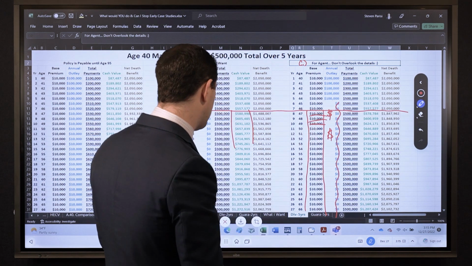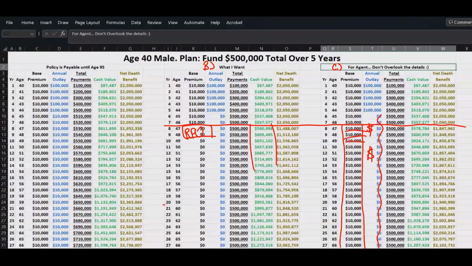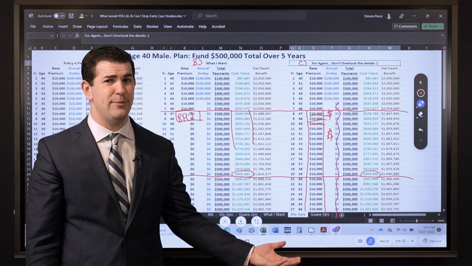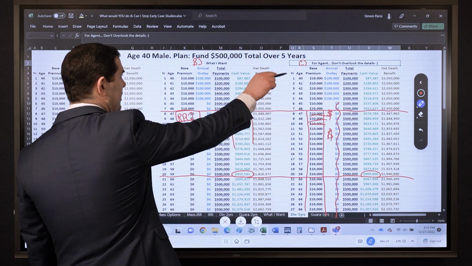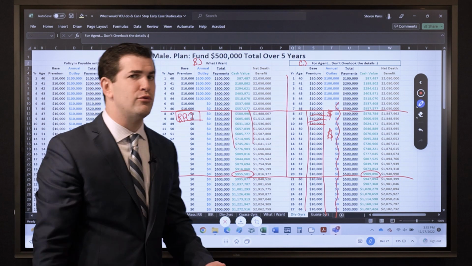Well, what happens to your client? By year 20, comparing the exact same policy, we see a difference of almost $50,000, a little bit less. Where you've paid in a total of $500,000. That's almost a 10% difference relative to what the client has paid in. Now again, that's over 20 years, but still, think of it if it was you.